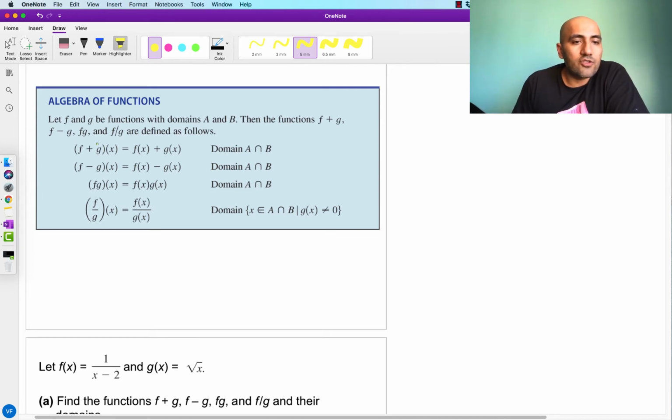This is a new function. We just happen to label it, right? This is part of its name. It's the function f plus g evaluated at x, and it happens to be defined by adding the function f and the function g, right? So that's the connection between the two. And again, same thing for all the other ones.